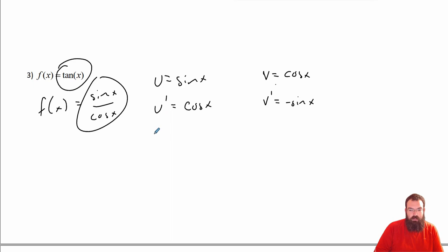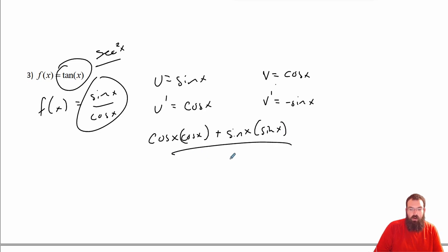So let's get u prime, which is cosine of x, times, oh, maybe it's secant squared, times cosine minus a negative, which is really plus, so that's sine x times sine of x, over cosine squared of x, because I have to square the bottom.